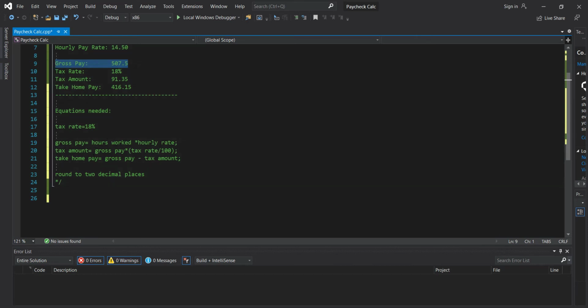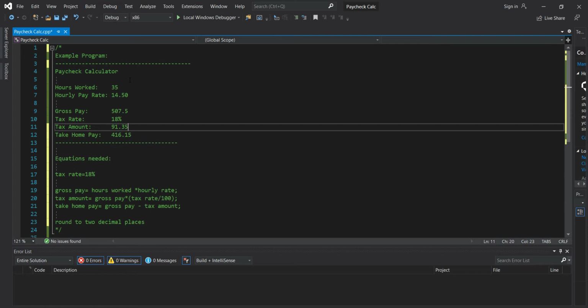And then we have the tax amount: the gross pay times the tax rate divided by 100, or you can automatically have it as a decimal number if you like. And then our take home pay, which is our gross pay minus our tax amount. And we want to round these to two decimal places. I don't want to have more values than is needed because this is money. Money only has two decimal places.